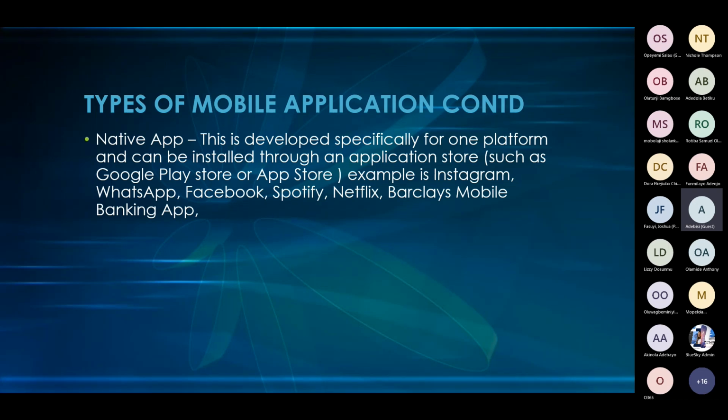WhatsApp, that we all have, we have to install, because you can't go on the WhatsApp website and start installing. No, you have to go through the application store before you can install them. Same as Instagram and TikTok, which people are using, you just have to download them.